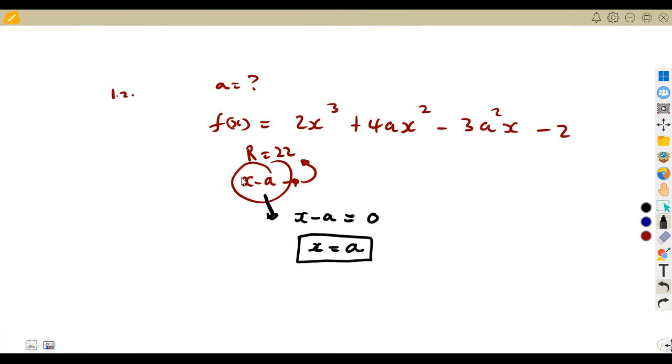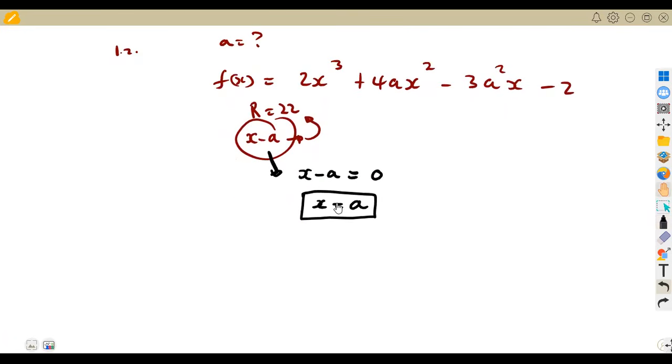But now, if they say you are having a remainder like what we're having here, a remainder of 22, it means that f of a, which is the value of x that you're having here, should be equal to the remainder. All right, let me write it down. For a remainder, f of a should be equal to the remainder.